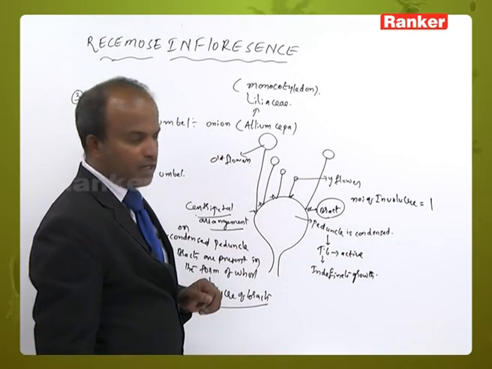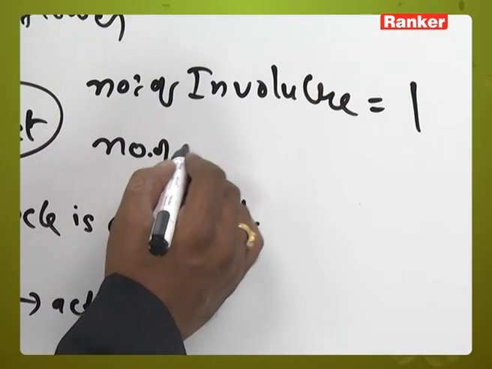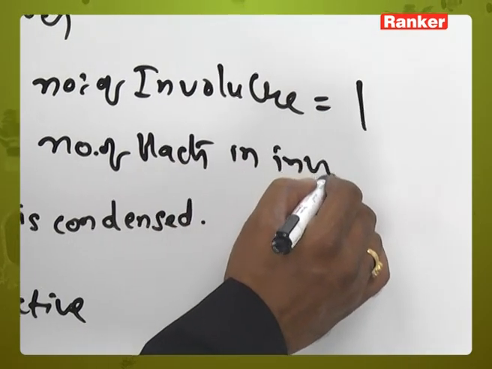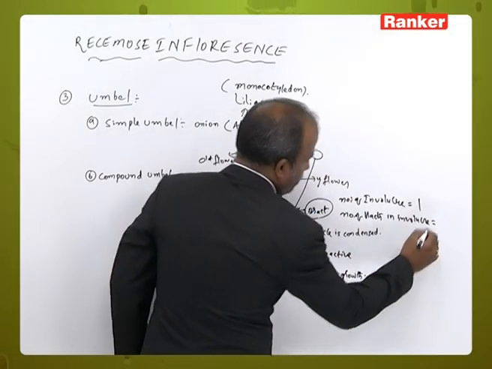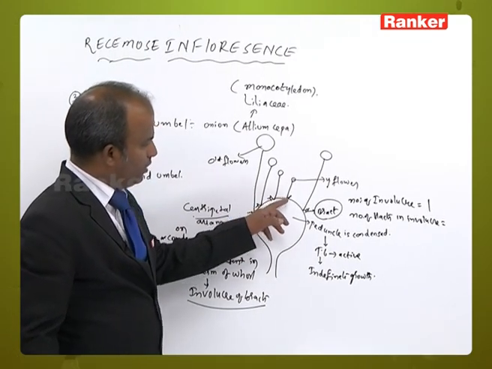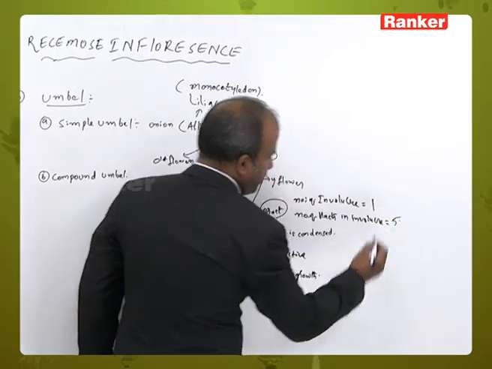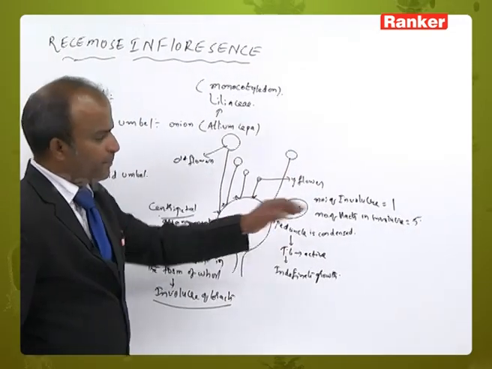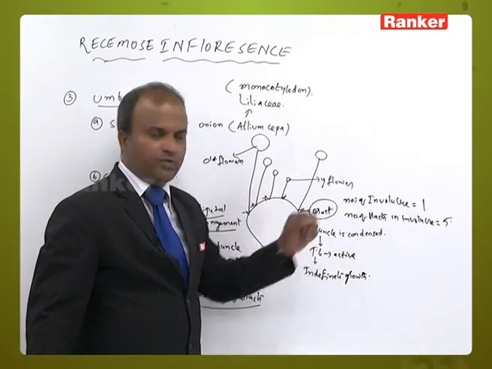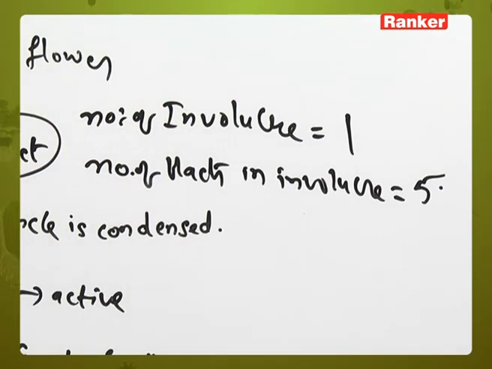According to this diagram, number of bracts in involucre means 1, 2, 3, 4, 5. That means the number is 5. That means number of involucre is equal to 1, and number of bracts in involucre is equal to 5.